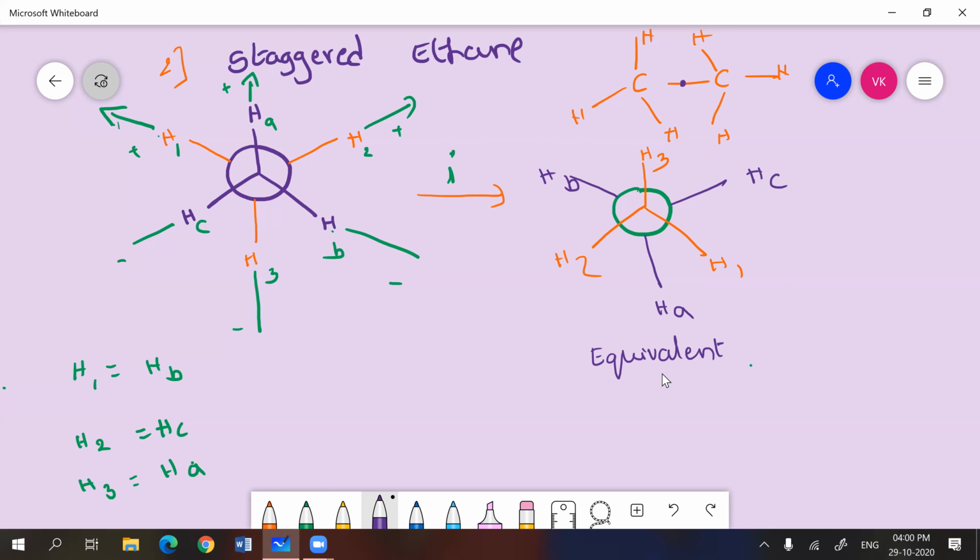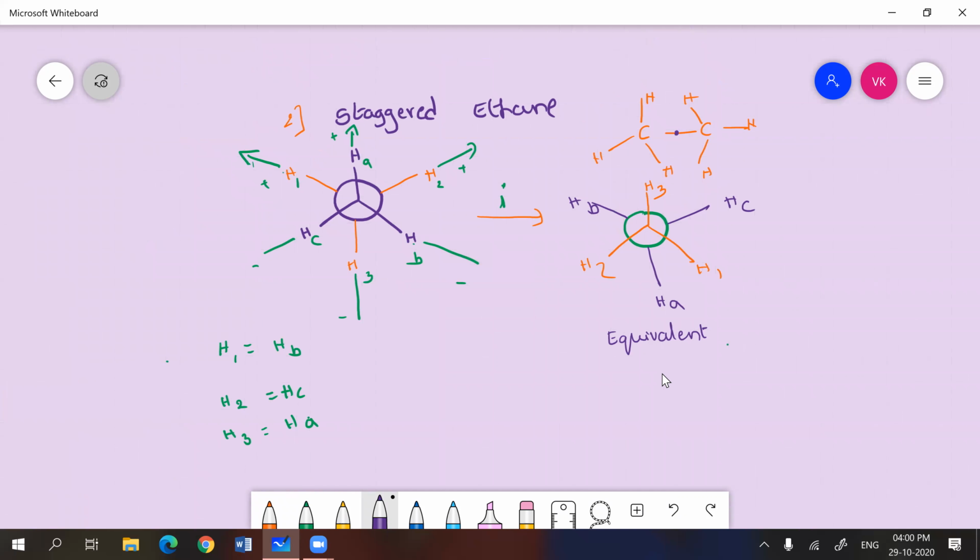Now let's do it one more time and see what happens. The same inversion through the center of symmetry, center of gravity. The front side hydrogens: here you see H3, HA.